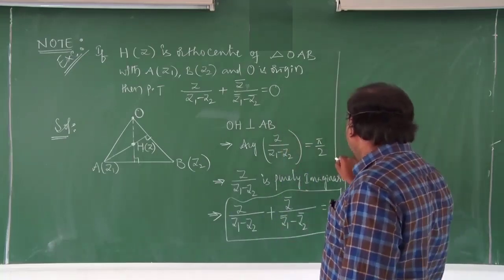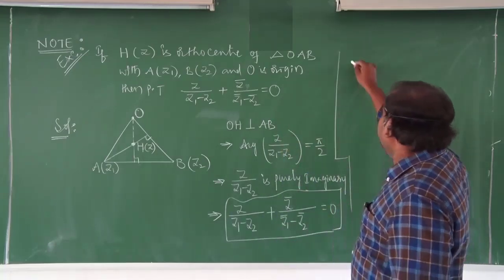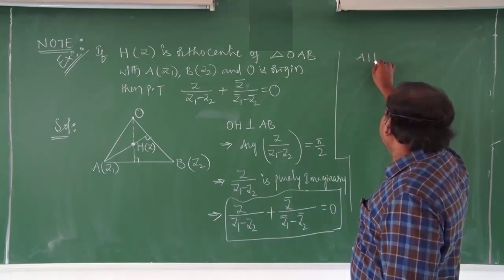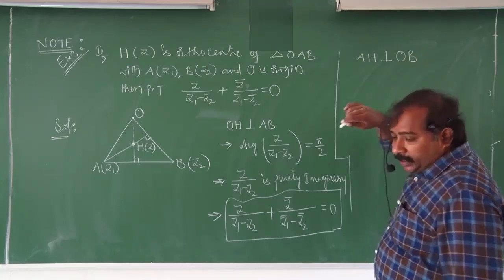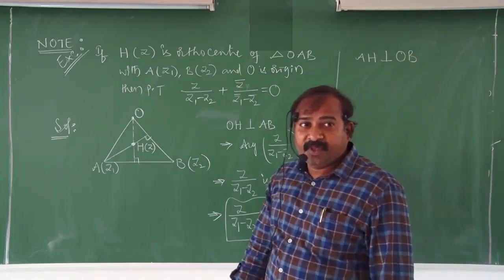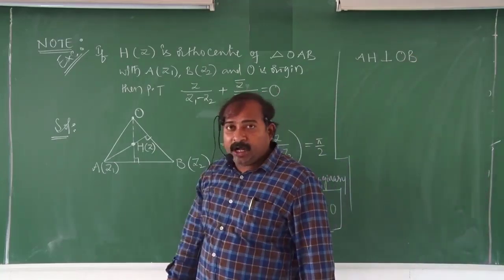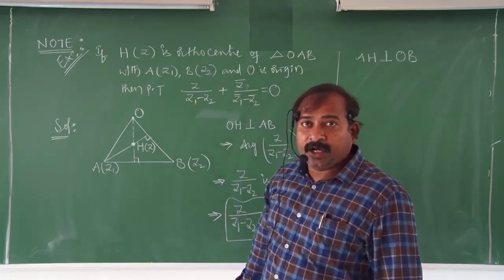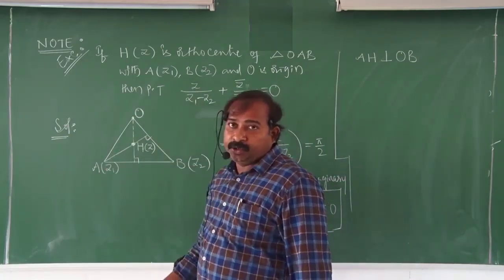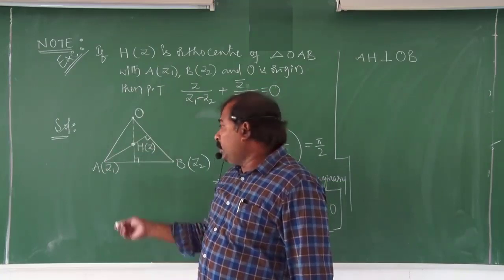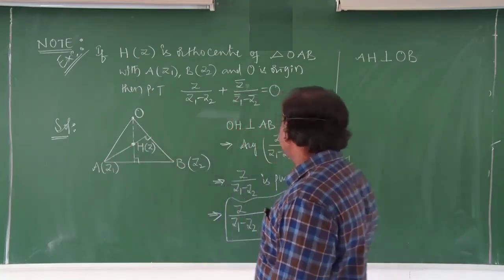If they ask any extension part, AH is perpendicular to OB, and we can derive this condition also. Since the orthocenter means the altitudes' concurrent point, AH is one more altitude, so AH is perpendicular to OB.